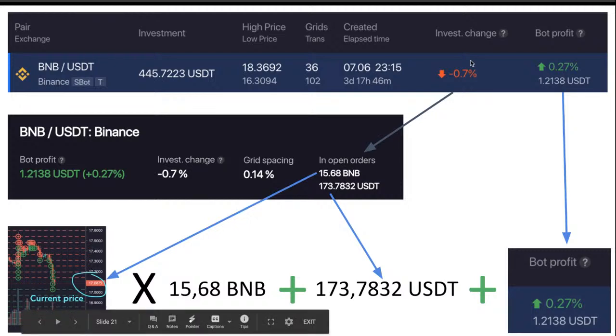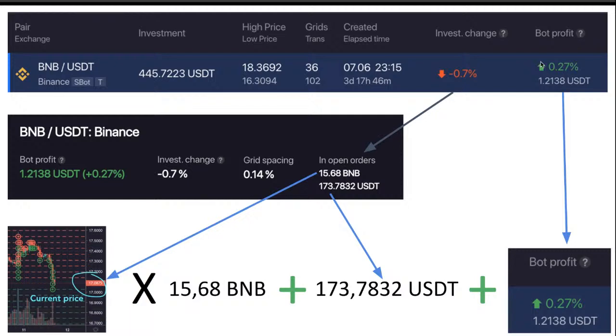Taking into account that the bot has generated some profits for me, this profit is used to offset the negative value change of my total investment. So let me show you this on the chart.